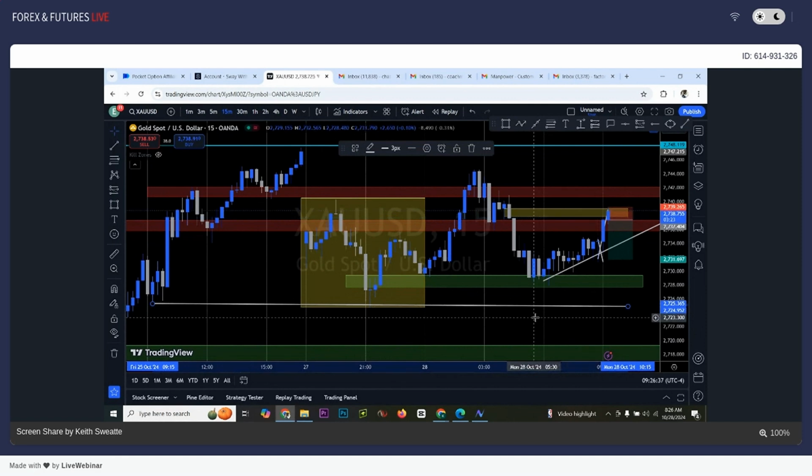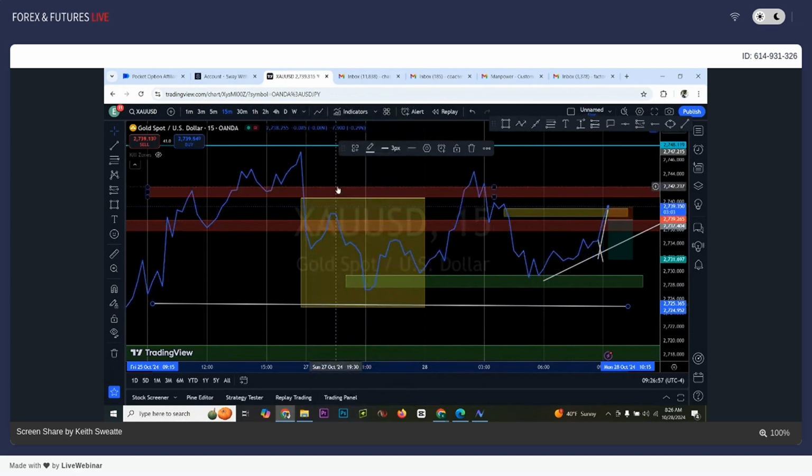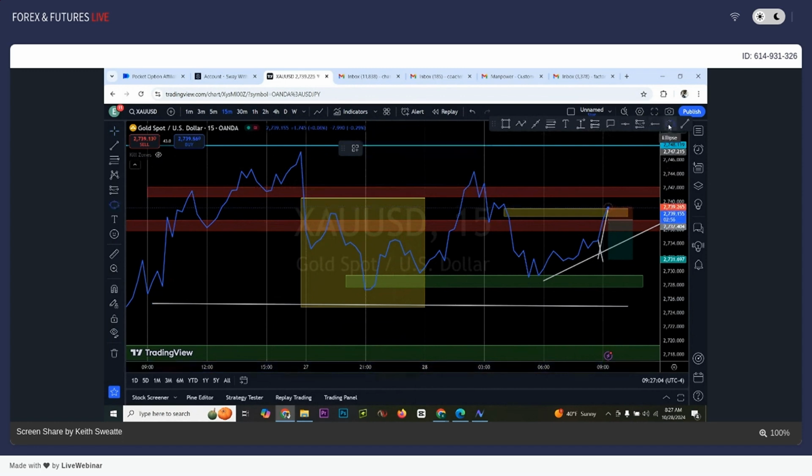Look for those areas where you see old support turn into new resistance, or old resistance into new support, vice versa. That way you know where the major key levels are at. So if I put this on the line chart, of course you see true support and resistance here, right? Anywhere you see those peaks, let's see a good one.